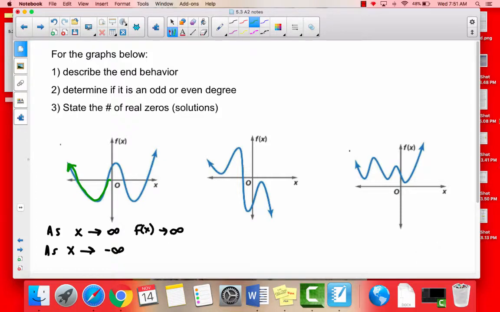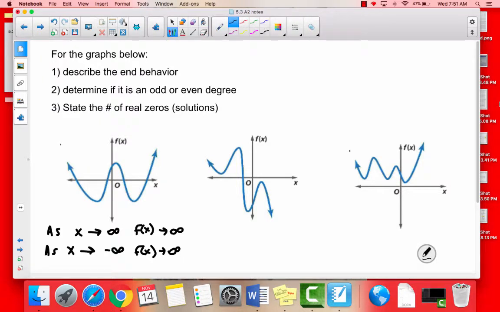My graph goes up. So I'd say my y value, remember f of x just means y, goes to infinity also. So that's all it means by describing the end behavior. And this is just some notation that's easier to use. You could physically write out a sentence if you wanted, but this is much shorter. So as x approaches positive infinity, the y goes also up to infinity. As x approaches negative infinity, the y goes to positive infinity.